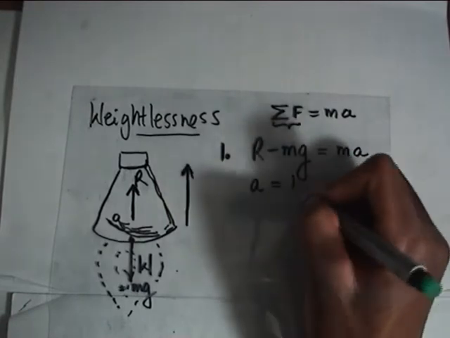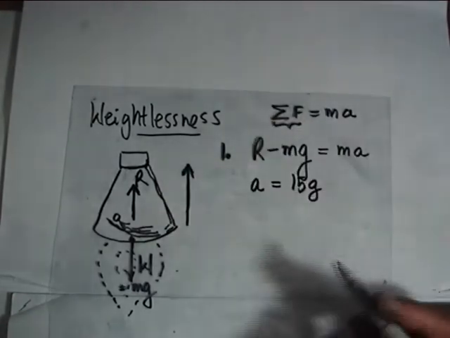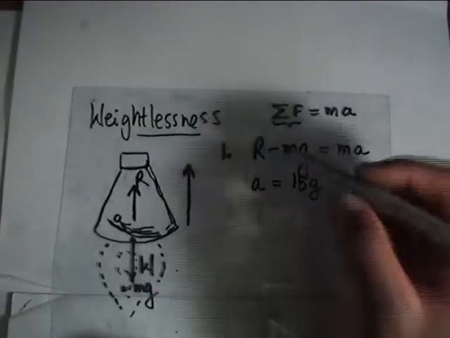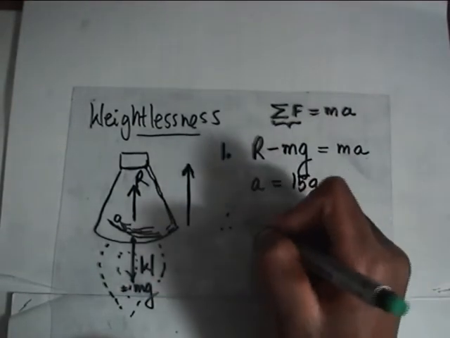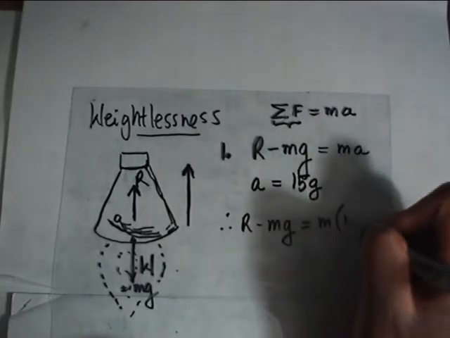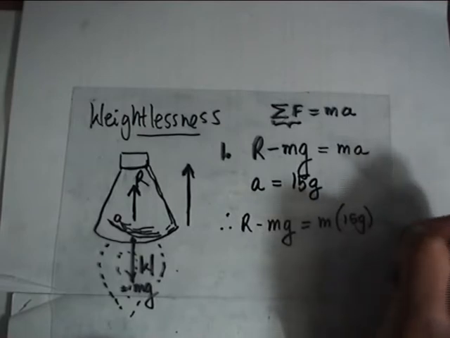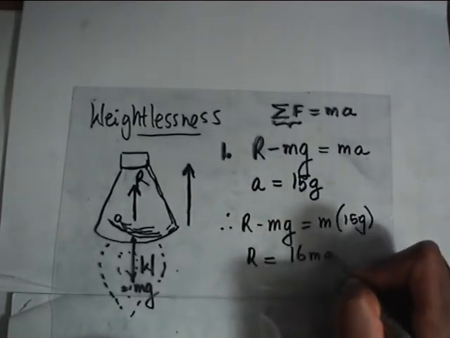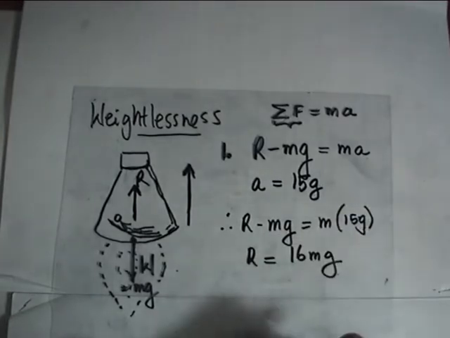So our acceleration is 15 times the acceleration due to gravity. Therefore, R minus mg will be equal to m times 15g. With a little bit of algebra, you'll see that R is equal to 16 mg.